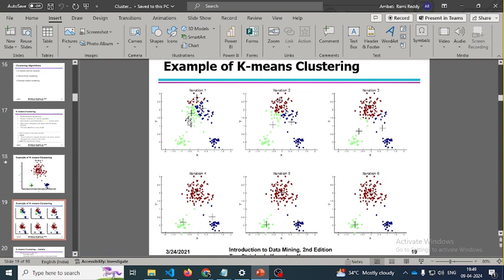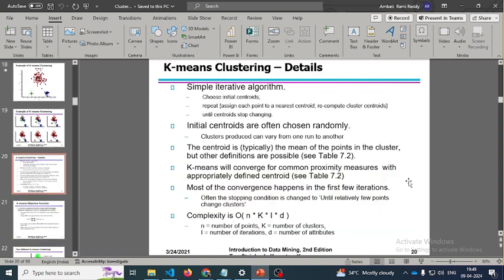The centroid moves toward this cluster, and this one toward that cluster. At the final iteration, we have 3 clusters. Like this k-means clustering will work. This is one simple example. When it comes to more details about k-means clustering, this algorithm is a simple iterative algorithm.